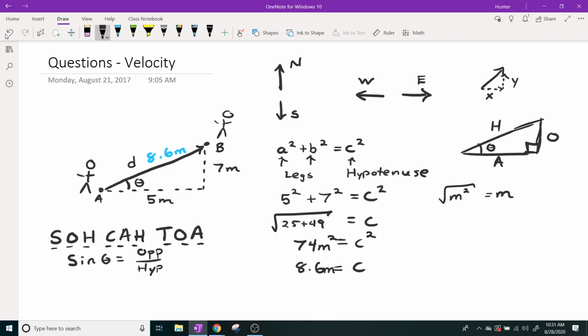However, if you're doing this from a professional standpoint, you should only use the sides that you measured and knew. So in professional work, you should never use 8.6, because you calculated 8.6. You didn't physically measure 8.6.